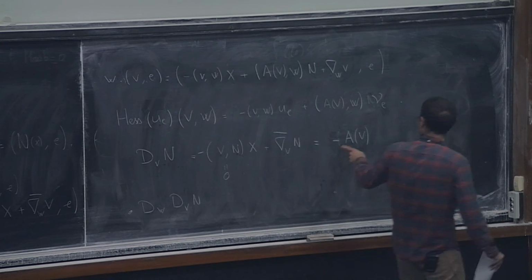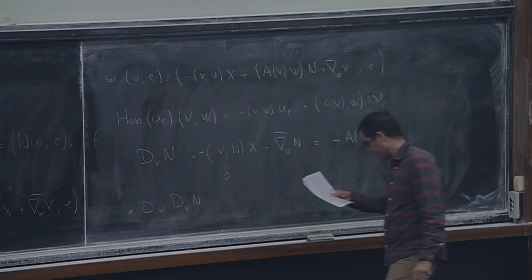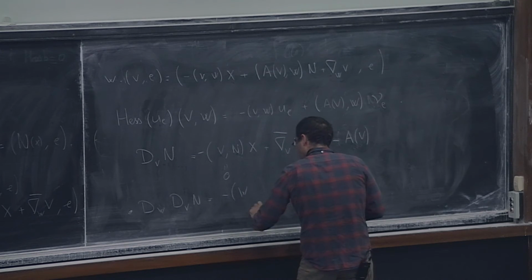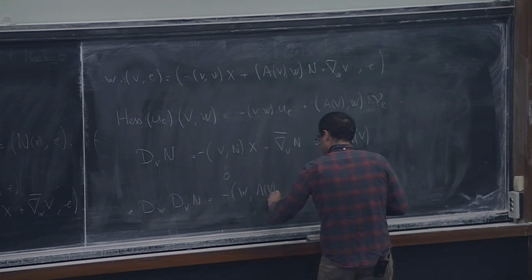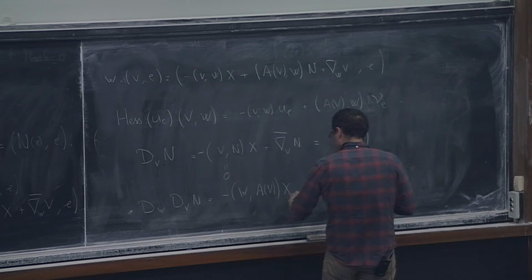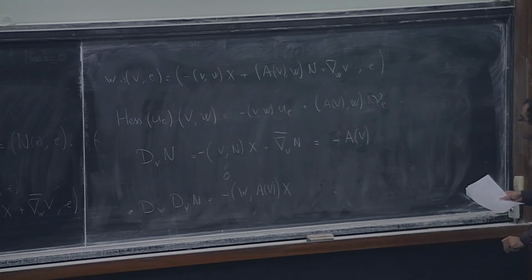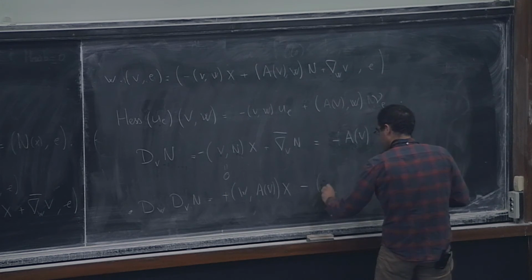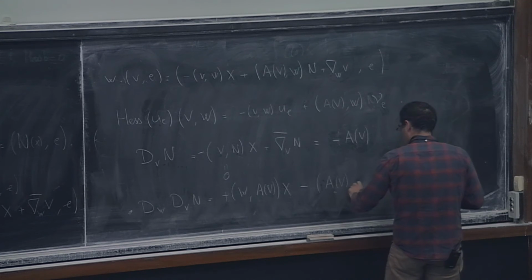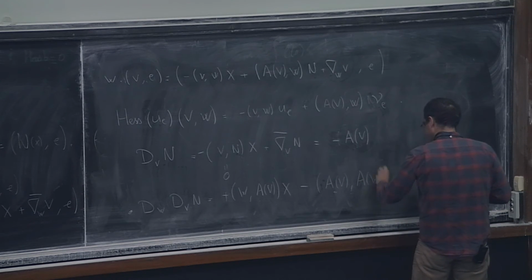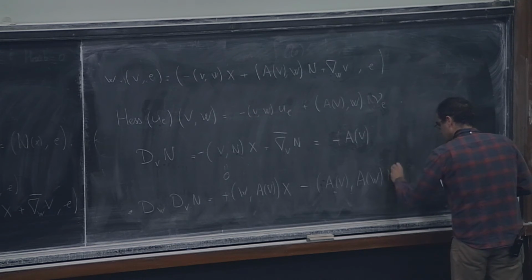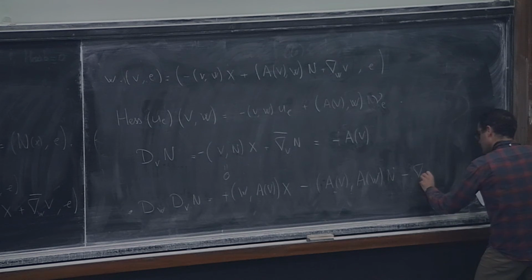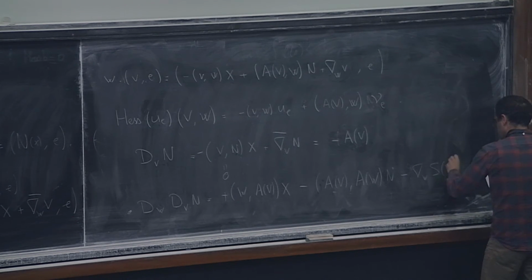So you differentiate this, and what you get at the end is minus the scalar product of w with A of v times x, and maybe there is a plus minus A of v A of w scalar n, minus this thing.